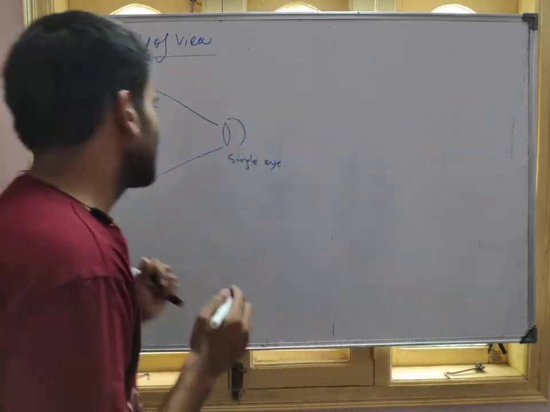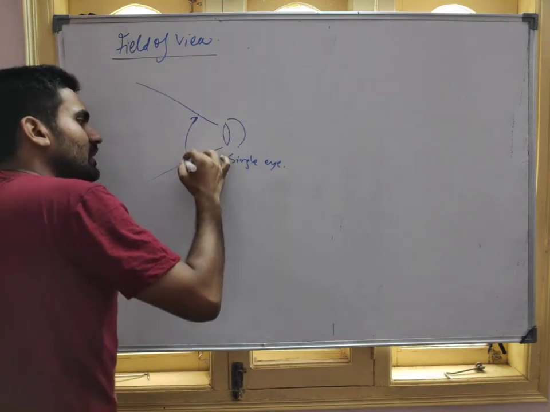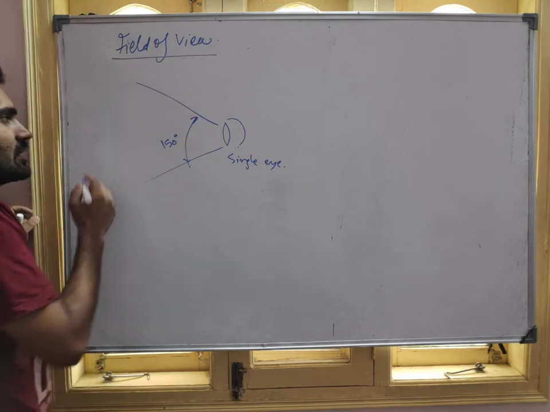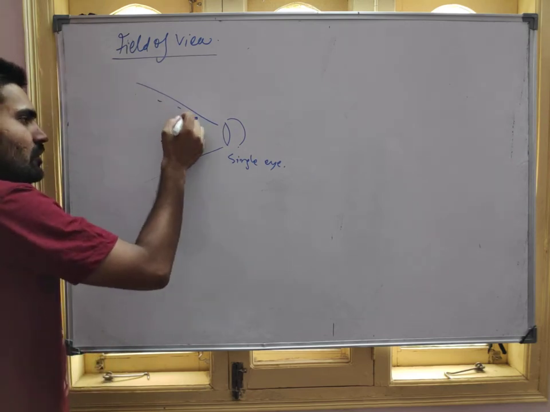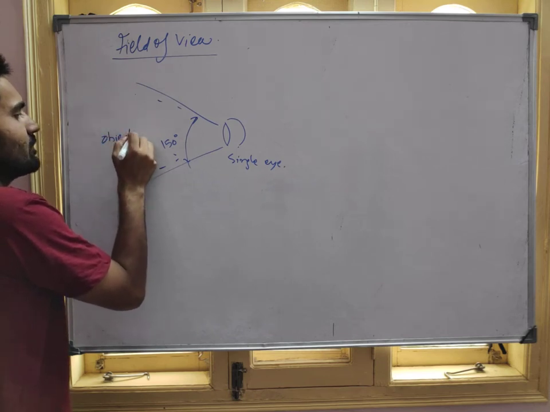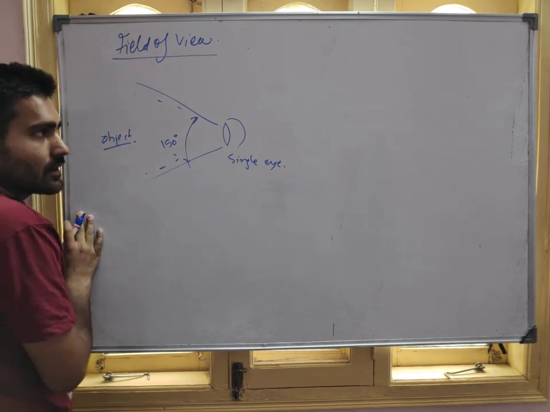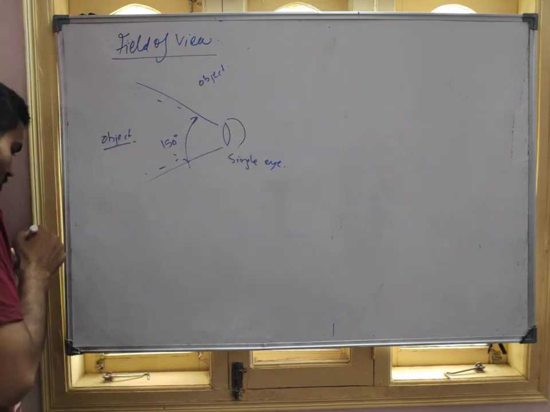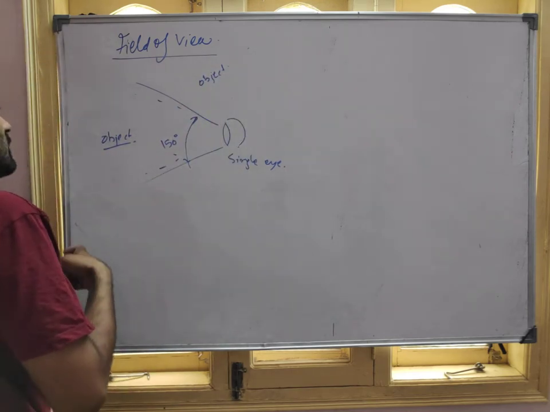For a single eye, this angle is 150 degrees. It means if anything comes in this field of view, we can see it. If the object is here, this object is visible.